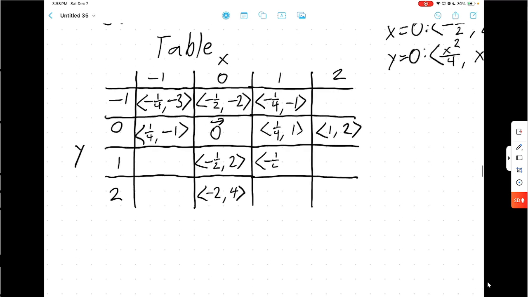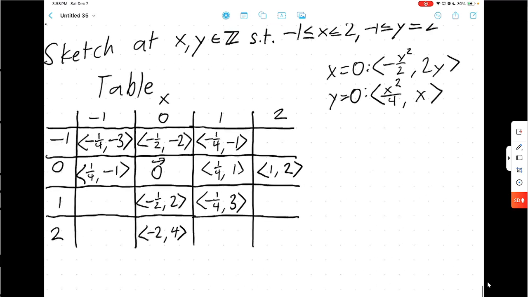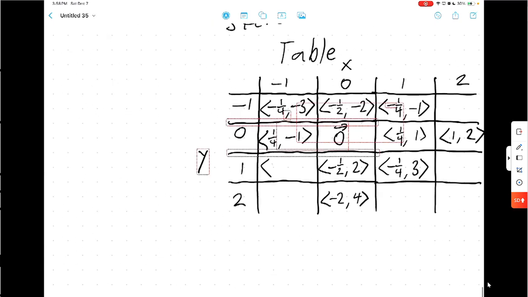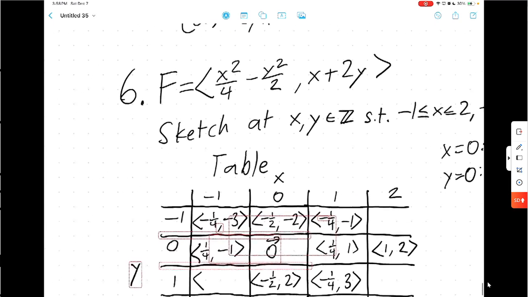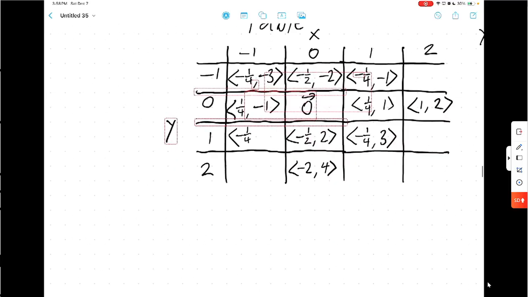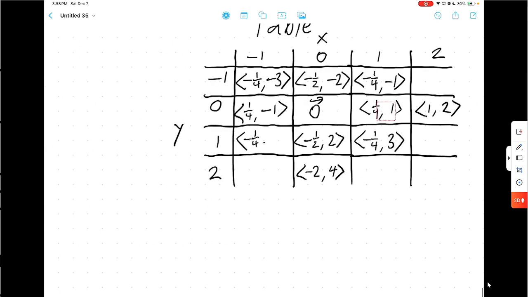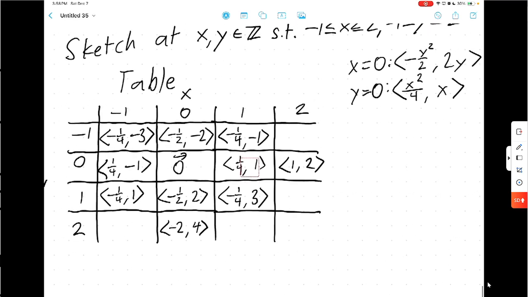And here's -1/4 and +3, which leaves this one at y equal to 1, where we're going to get -1/4 again. And then x equals -1 and y equals 1, we're going to get +1 for this one.